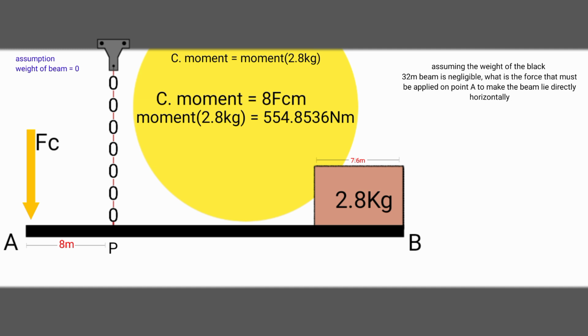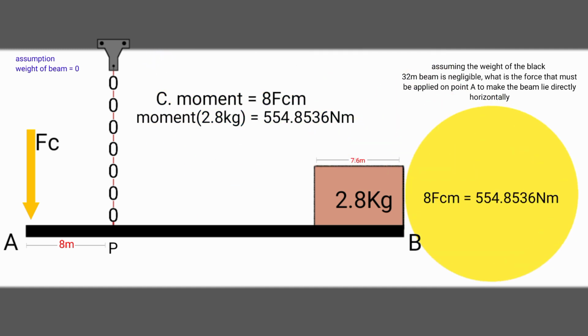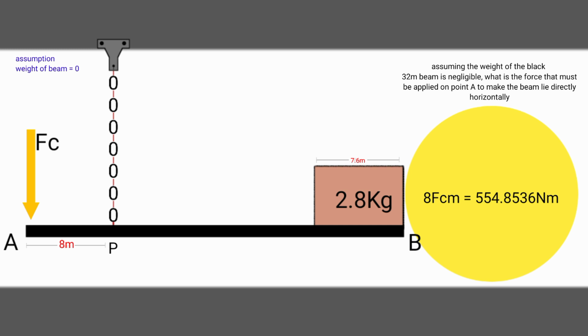Now we have counter moment equal to 8 Fc meters and moment caused by 2.8 kilogram is 554.8536 Newton meter. Now substituting here, 8 Fc meters equal to 554.8536 Newton meter. Dividing both sides by 8 meters, 8 Fc meters over 8 meters equal to 554.8536 Newton meters all over 8 meters.